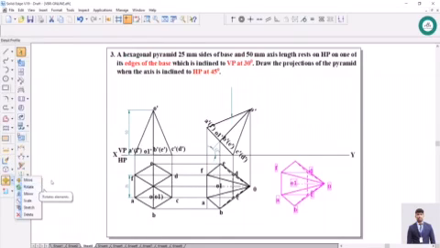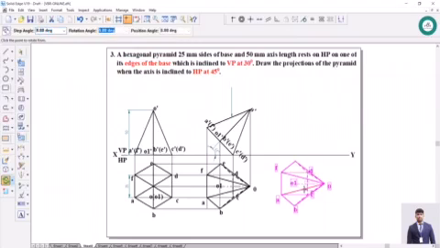go to rotate command, click this endpoint and this endpoint, 90 minus the given angle. So you can place this way or this way. I'm following this method such that this apex is nearer to the XY line.